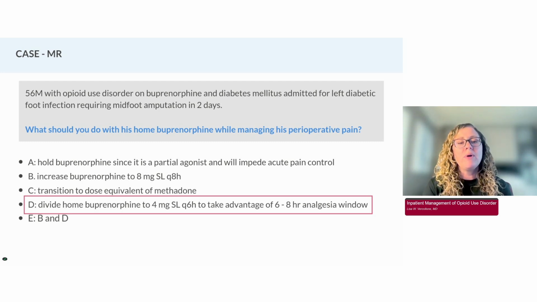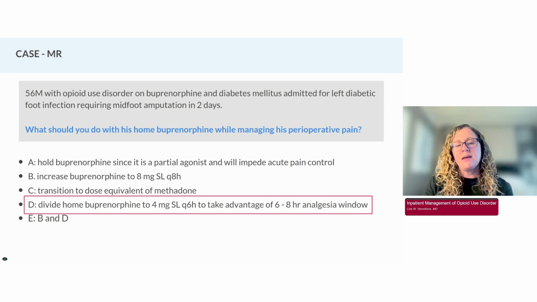So we want to divide the home buprenorphine to 4 milligrams sublingual every 6 hours as needed. It's not entirely wrong just to continue him on his 8 milligrams twice a day, but it does make it a little bit easier if we separate it, because there are times that we do want to reduce the overall buprenorphine dose.